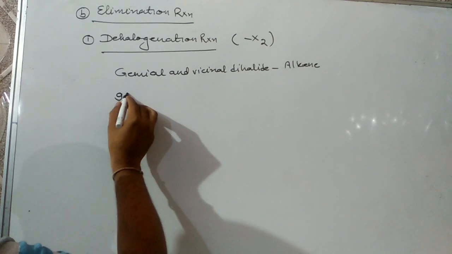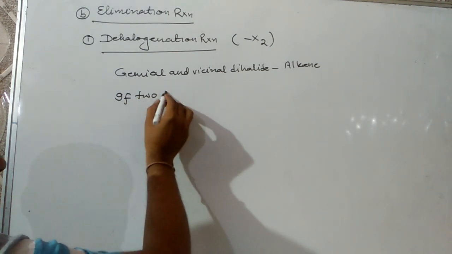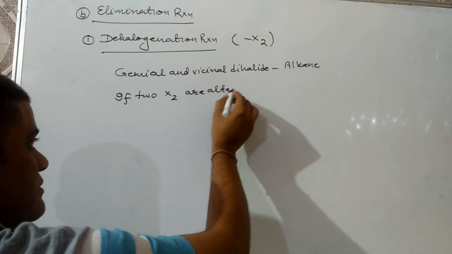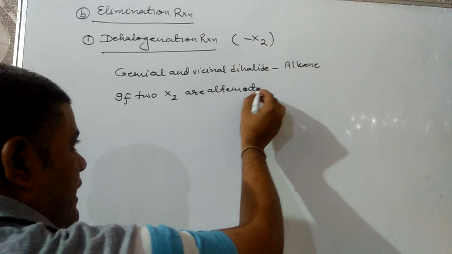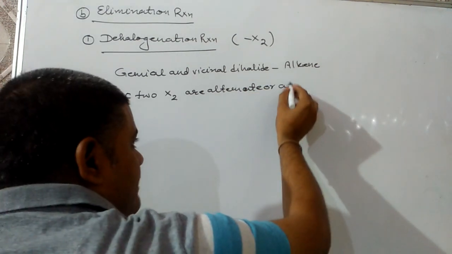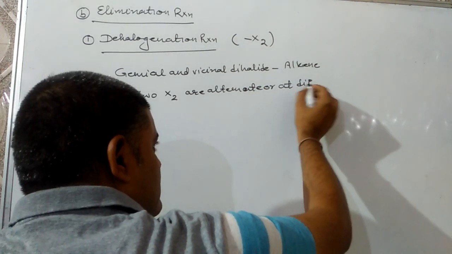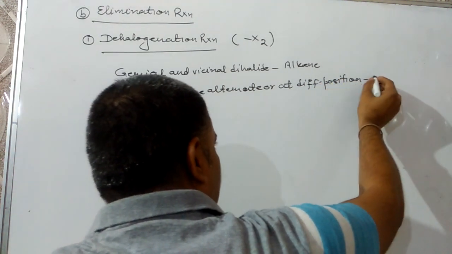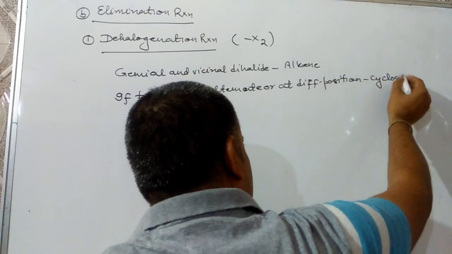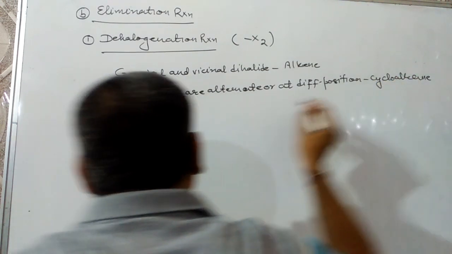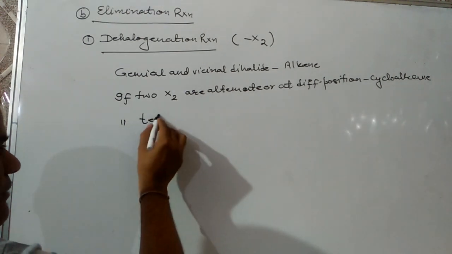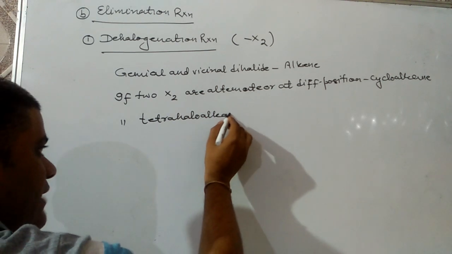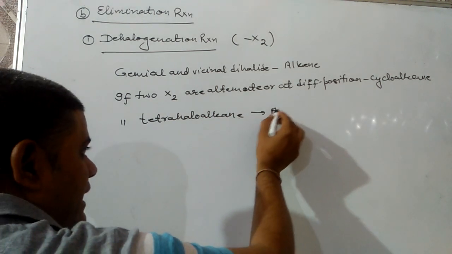If the two halogen atoms are alternate or at different positions, then we will get cycloalkane as the product. And if a tetrahaloalkane is there, then we will get alkyne as a product.